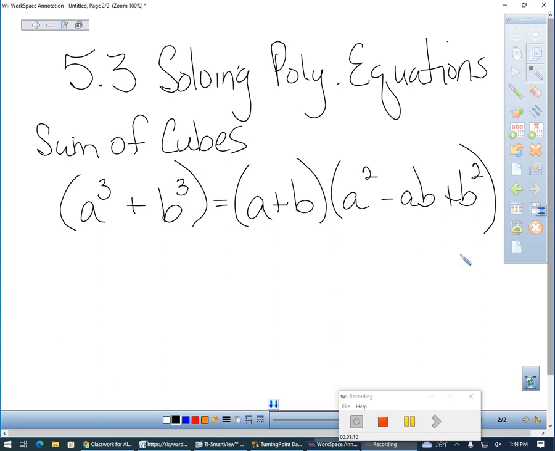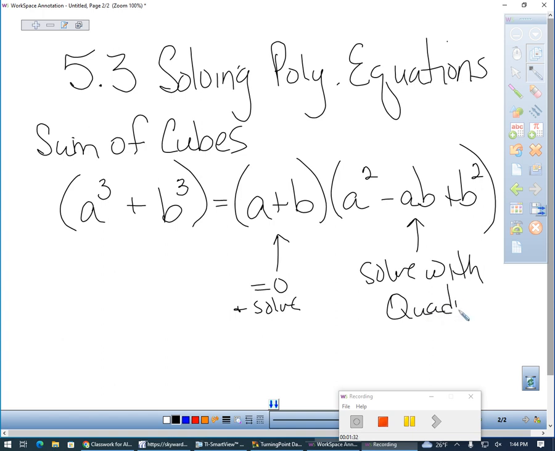When we go to solve it from there, this first one, you're going to set equal to 0 and solve. This second one, you get to solve with the quadratic formula. So when we separated it into a plus b times a squared minus ab plus b squared, that means you're going to solve the first one by setting equal to 0 and the second one by the quadratic.